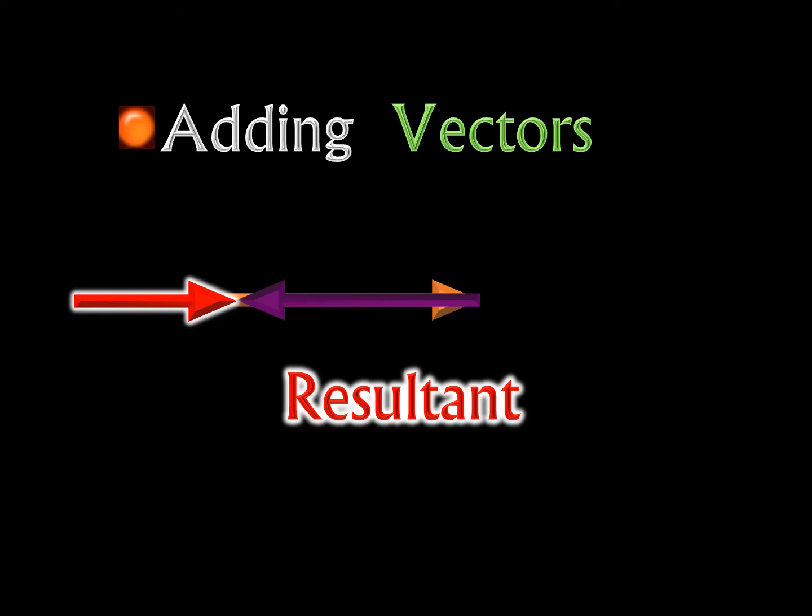Add those together, and what do you get? You get 2 meters to the right. So that would be the resultant of adding those vectors. This is also similar to subtracting. So obviously, if we had subtracted the first case when we had 2 moving to the right, and then we subtracted the second one, this would have been the result as well, obviously.